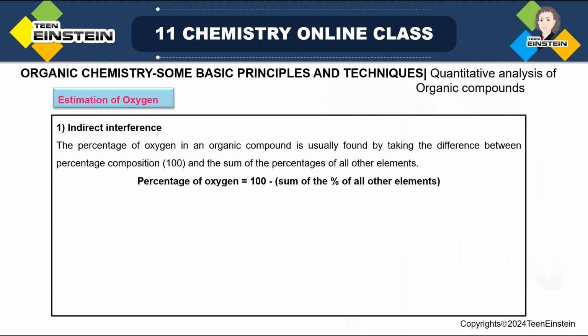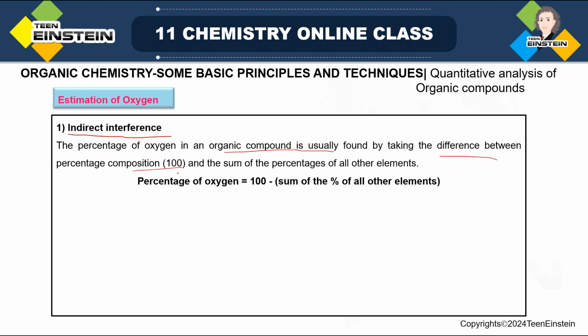Now the final element left is estimation of oxygen. For estimation of oxygen, basically there are 2 ways you can do it. The first one is the indirect method, and mostly it is followed. The percentage of oxygen in an organic compound is usually found by taking the difference between the total percentage composition, which you can consider as 100, and the sum of the percentages of all other elements: carbon, hydrogen, phosphorus, nitrogen, halogen, sulfur, everything we have seen how to quantitatively analyze.